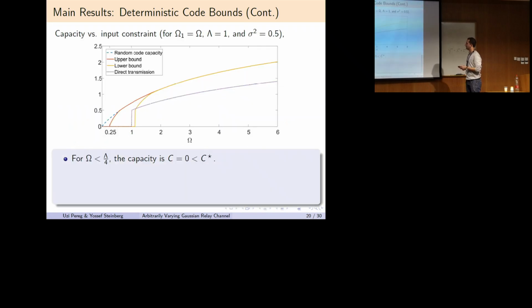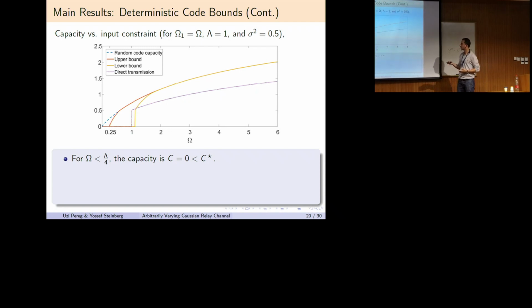Okay. So now to illustrate our results, we have this figure of the capacity and the bounds as a function of the input constraint omega for the case where the relay has the same constraint. The random code capacity is the blue dashed line, and the solid lines are the lower and upper bounds. For low values of the input constraint, the upper bound is 0, and therefore the capacity is 0.